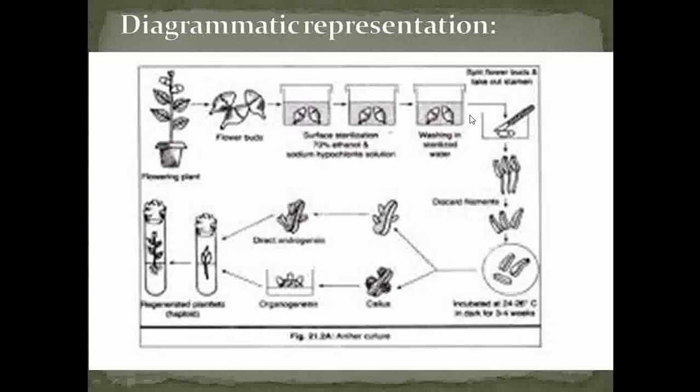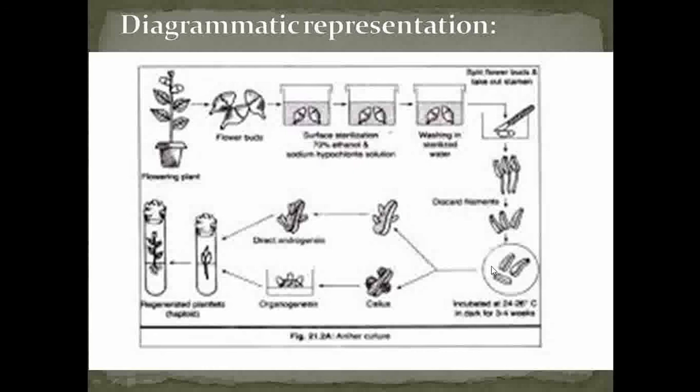After that you take the floral bud into a sterile petri plate. You use a sterile scalpel to break the floral bud, and you remove the anthers. After removing the anthers you also have to remove the filaments.